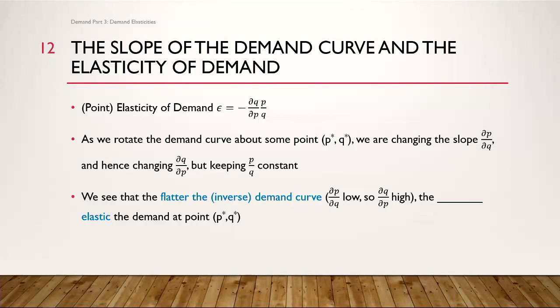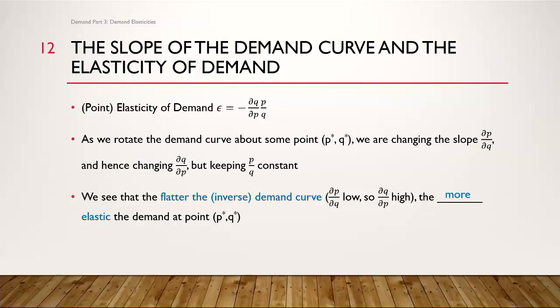So when you think about that, the flatter the demand curve, that is, dP/dQ is lower, that means dQ/dP is higher, right? So the flatter the demand curve, the higher dQ/dP, and therefore the elasticity of demand will be higher. So the flatter the demand curve, the more elastic demand will be.